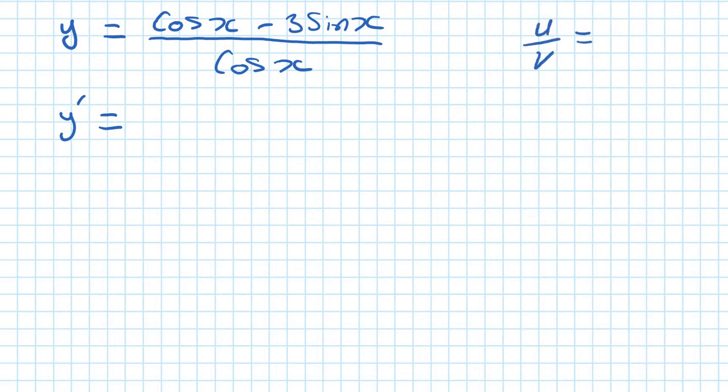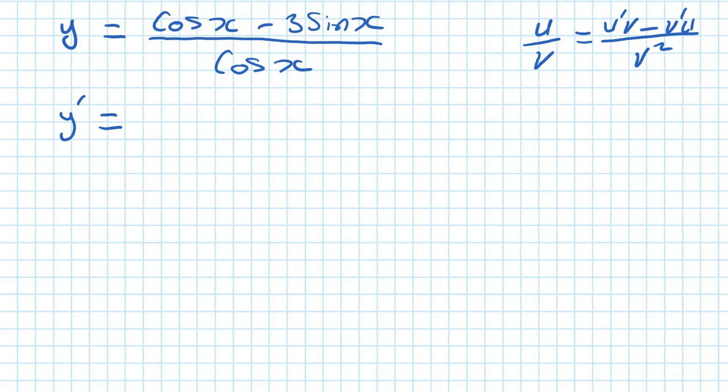I normally tell students to do this: differentiate the top times the bottom, minus differentiate the bottom times the top. That's the easiest way to remember. So the top is u, differentiate u, times the bottom v, minus differentiate the bottom function, v dash, times the top, all over v squared.